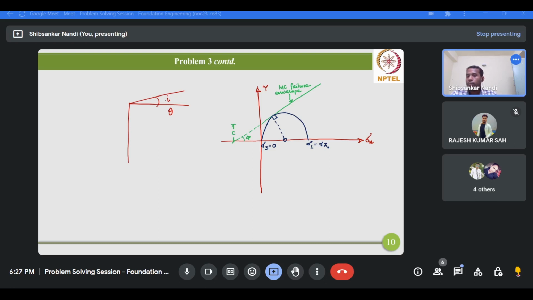Is it fine? The notations you should use as per the course. Right now we are concerned about the foundation engineering course, so whatever notations are used in this course, we'll strictly follow those notations. Okay, I hope it's clear.